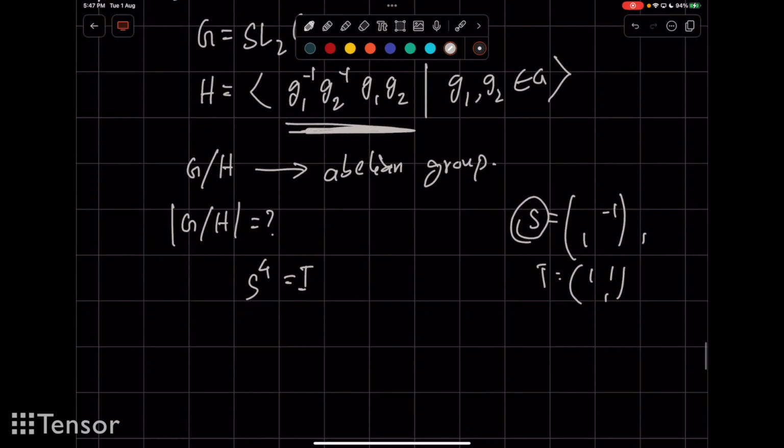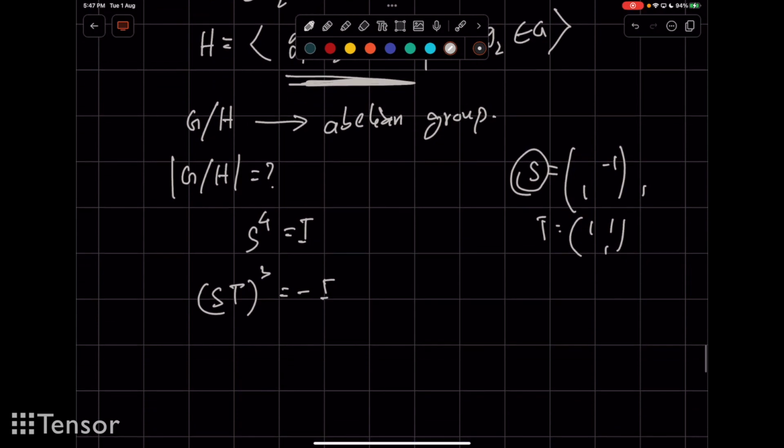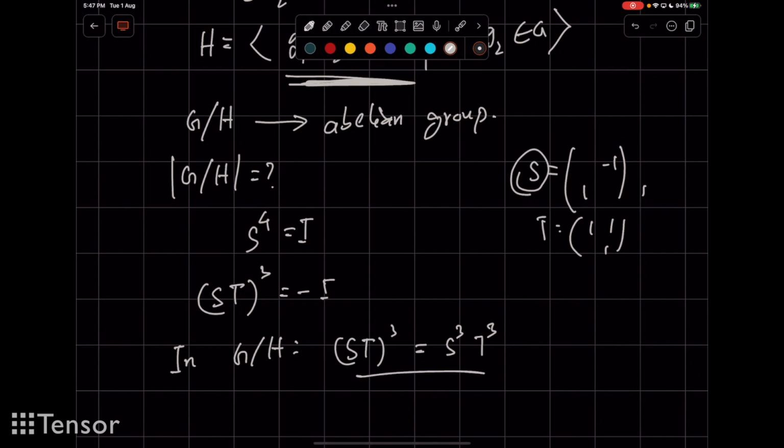And we know that (ST)^3 is negative identity. Now, in G over H, everything commutes, right? So in G over H, we have (ST)^3 equal to S^3 T^3. This is not true in general. Here S means the image of S in G over H, that is the coset.